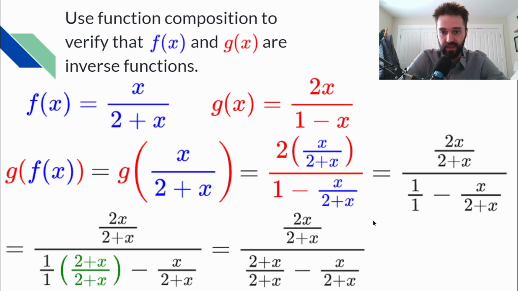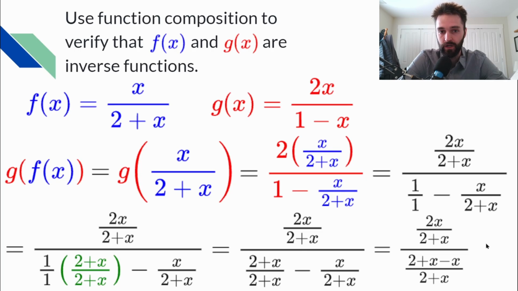And that gives us this. Now that we have the same denominator for both of these fractions, we can condense them into one fraction, and we get this. Okay? Let's hone in on this expression here and erase everything else.